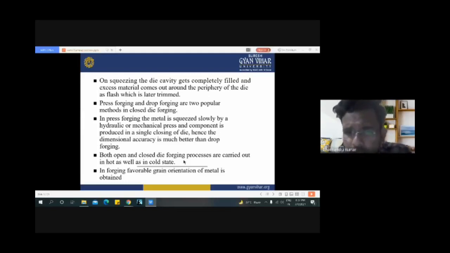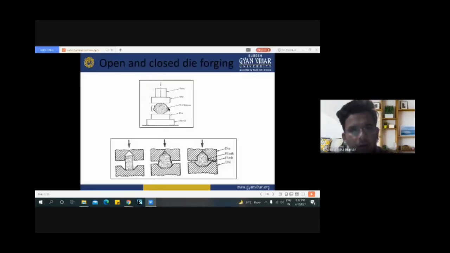Both open and closed die forging processes are carried out in hot as well as cold states. In forging, favorable grain orientation of the metal is obtained. Here we have already seen that this represents open die forging and this is closed die forging.